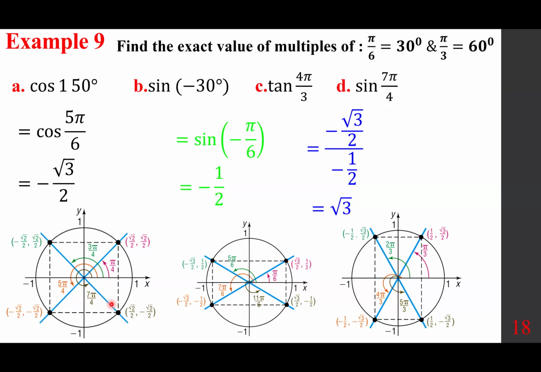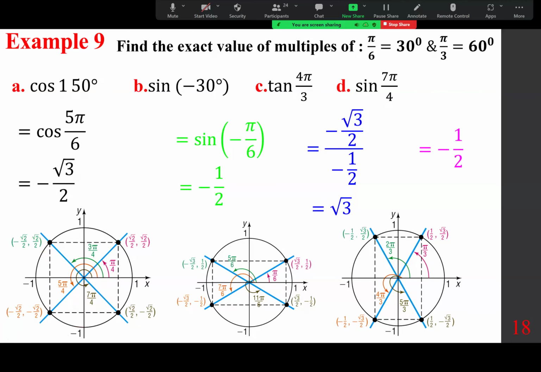And therefore, it's minus square root of 2 over 2. That's the answer. Minus square root of 2 over 2.